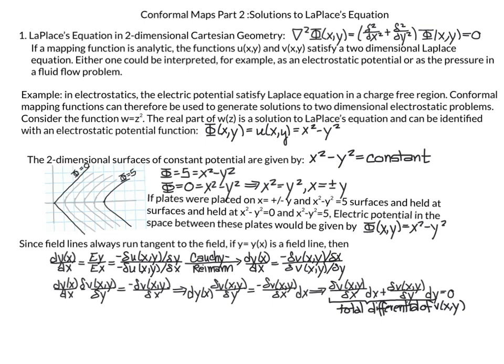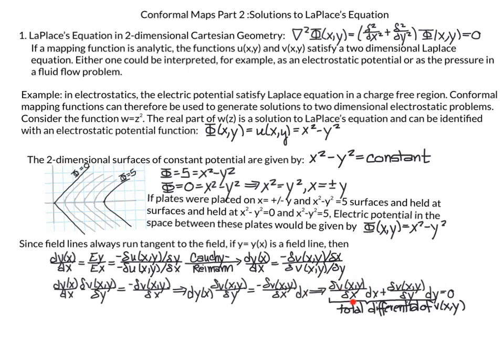And then multiplying dx on both sides of the equation, I have dV/dy dy equals negative dV/dx times this other dx. If I move this over to the other side, adding it to this, I'm going to have dV/dy times dy over here, and then our partial of V with respect to x times dx over here.